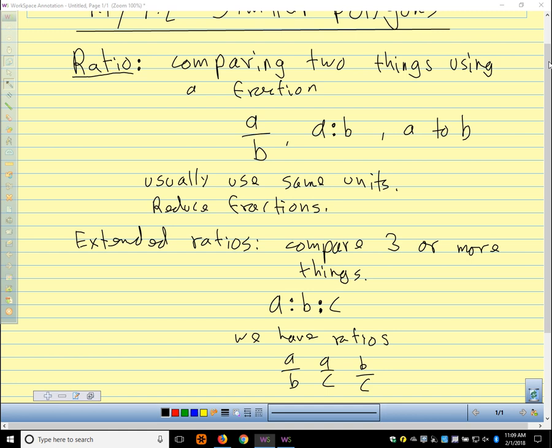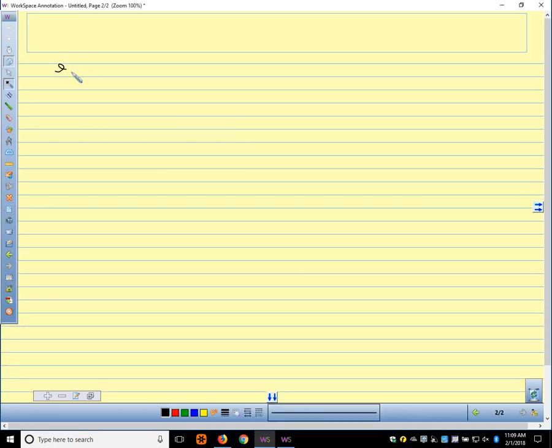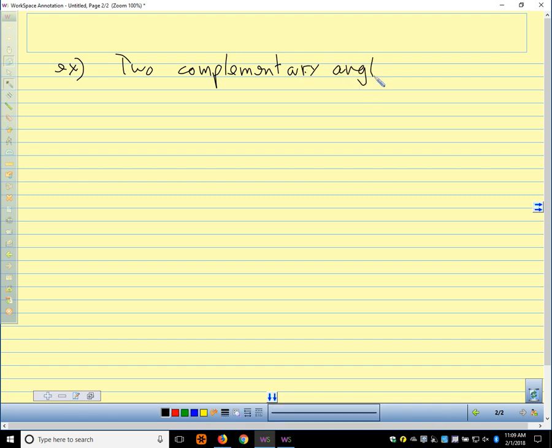All right, so let's look at an example of a problem that involves ratios. We could have 2 complementary angles. Before we write anything else, complementary, what does that mean?